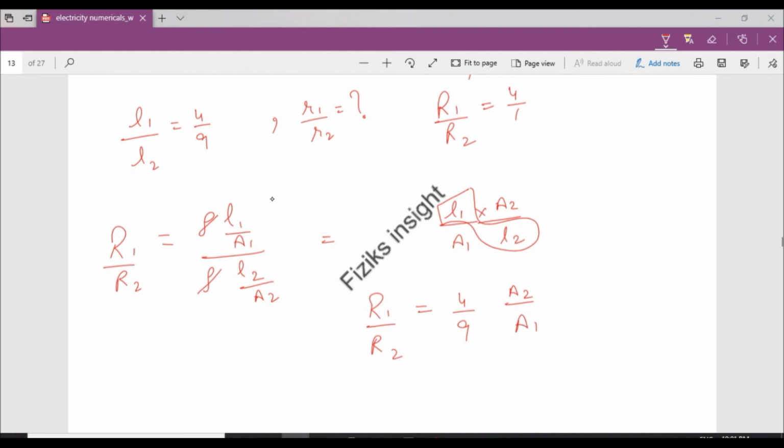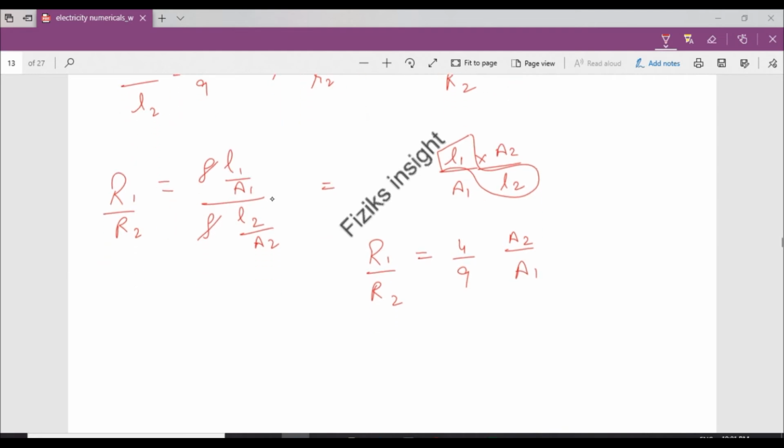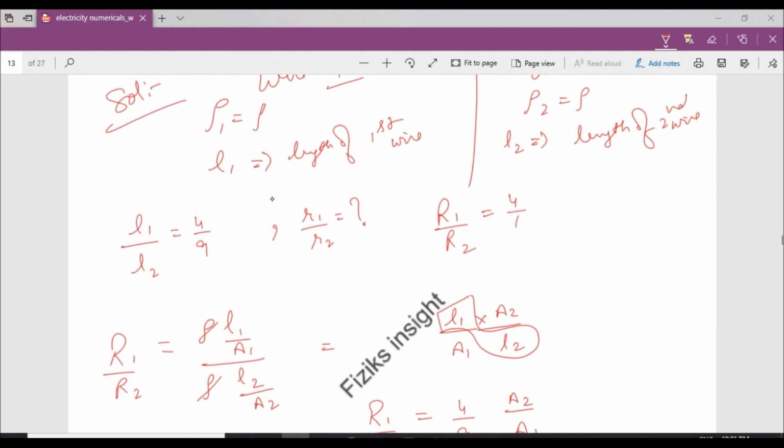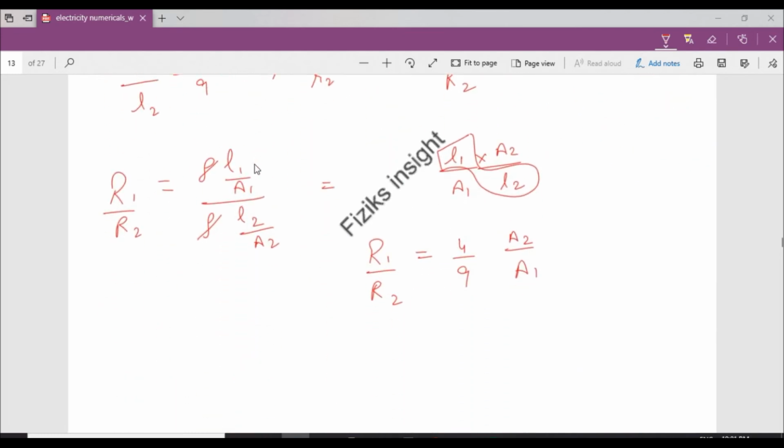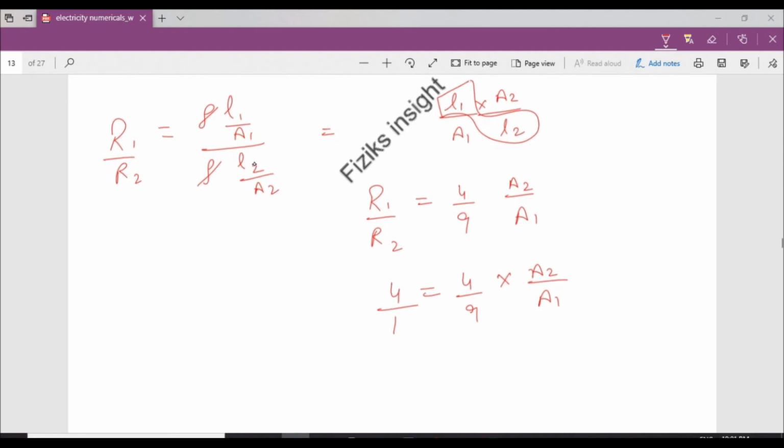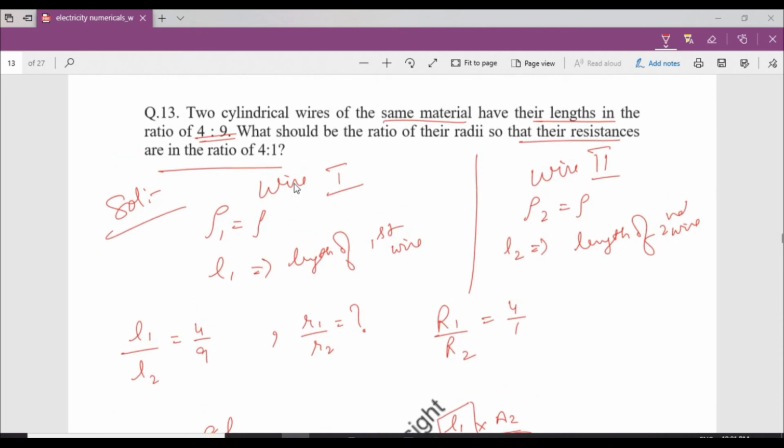Now R1 by R2, resistances, these are 4/1. 4/1 is equals to 4/9 into A2 by A1. So 4 cancels with this 4. So we are getting 9/1 is equals to A2 by A1. Now area of cross section of the two wires. Here both the wires are having their radii, means their cross section area is in circular shape.